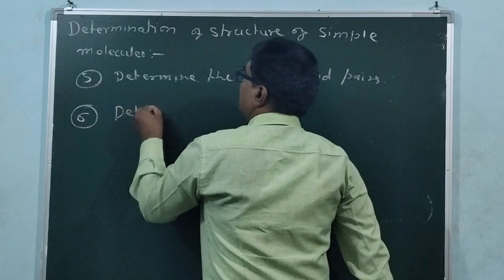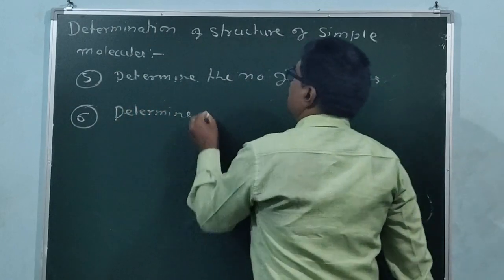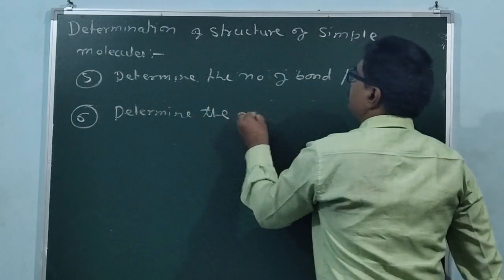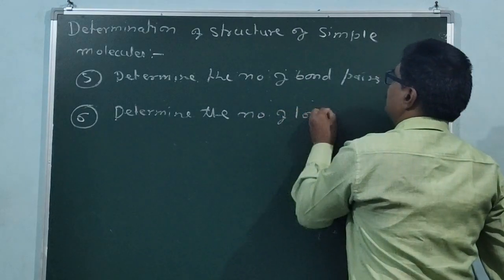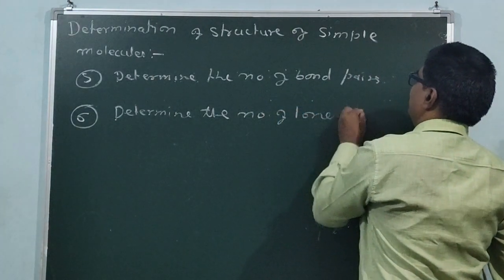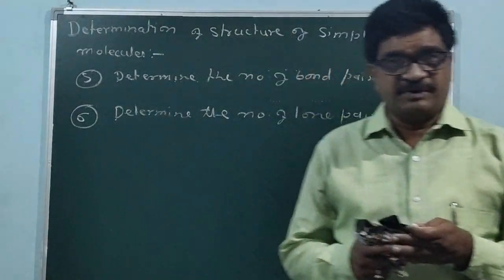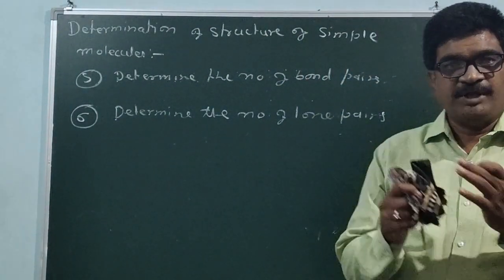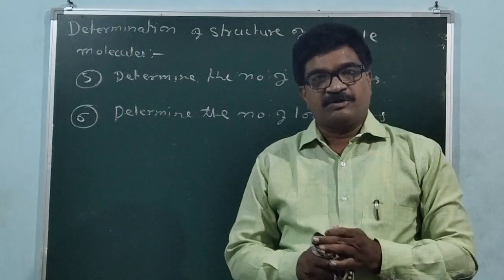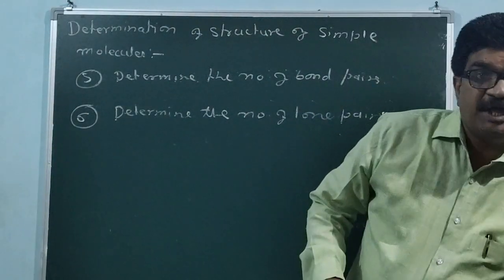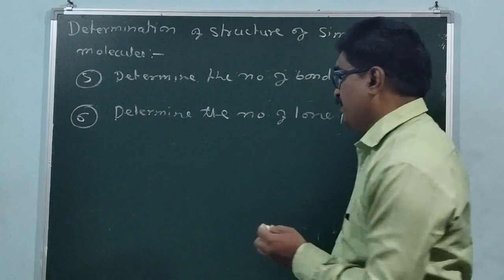Next step: determine the number of lone pairs. How can we determine the number of lone pairs? We know the total number of electron pairs around the central atom, that is X by 2.